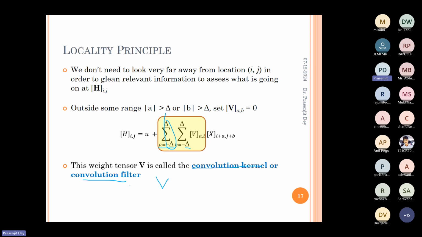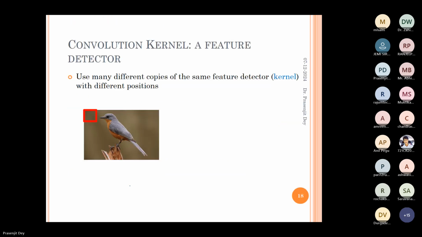They are synonyms with respect to the topic of convolution neural networks. Throughout my discussion, I can use the terms convolution kernel, convolution filter, feature detector or weight tensor interchangeably, as they convey the same meaning.